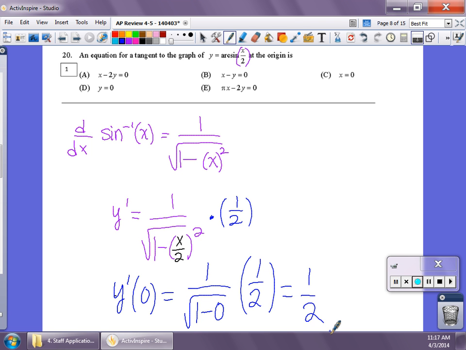Right? So then I can write my equation of a tangent line, which still, y minus 0 is equal to 1/2 times x minus 0. Doesn't show up, does it? So you do have to be able to change it. Did I make any mistakes? Hopefully not.